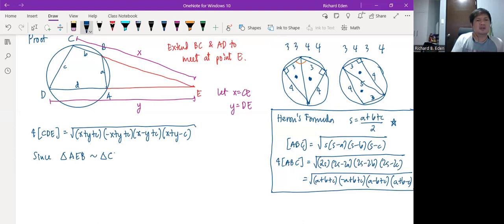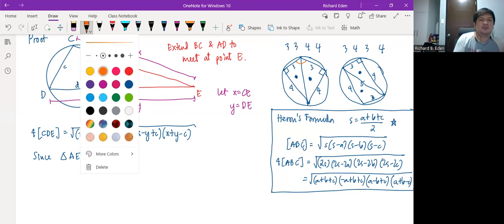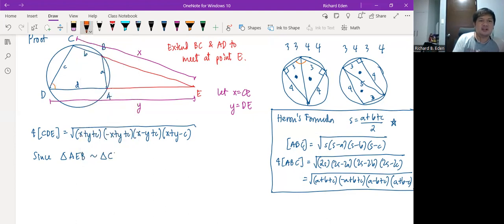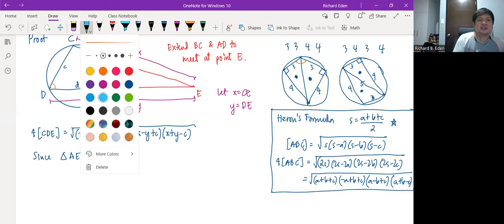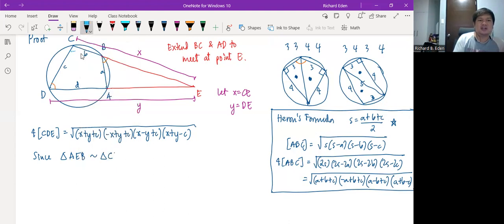Of course, we see this angle is congruent to that angle. And then it's this angle which is congruent to that angle. Right? Properties of external angles in a cyclic quadrilateral.